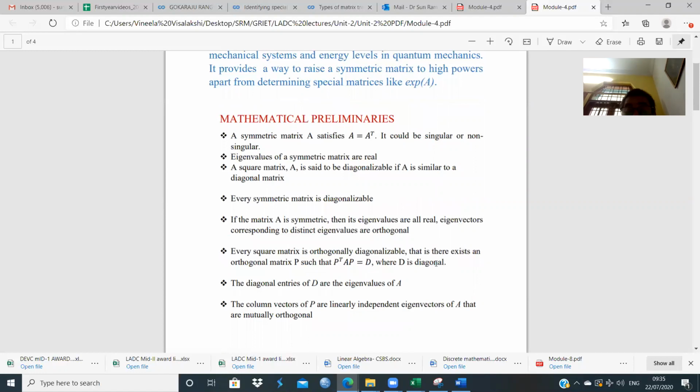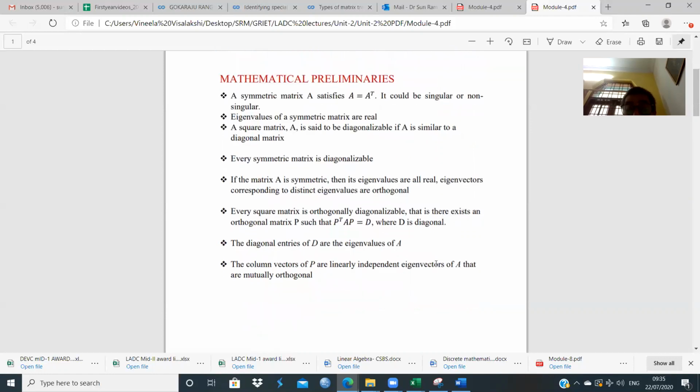That is, there exists an orthogonal matrix P such that P inverse AP is equal to D, but when P is orthogonal, P inverse is P transpose itself. Therefore, one can achieve diagonalization using P transpose AP is equal to D. The diagonal entries of D are the eigenvalues of A. And finally, the column vectors of P are linearly independent eigenvectors of A that are mutually orthogonal.